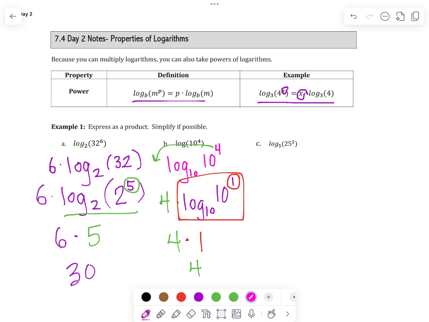The last example on the slide, we have the exponent up here, so we can bring that down in front, so that 2 goes down in front. And then we have our logarithm of base 5 of 25. Just going to erase that pink number 2. So now we're going to focus on the green part, and we're going to change this 25 to an exponential.